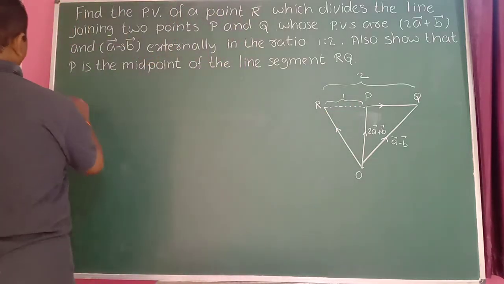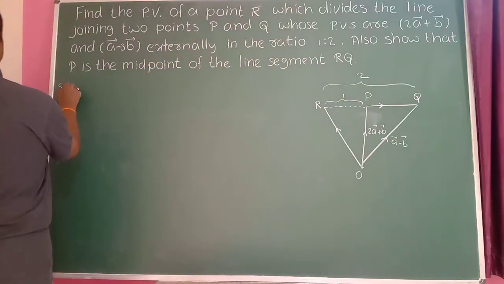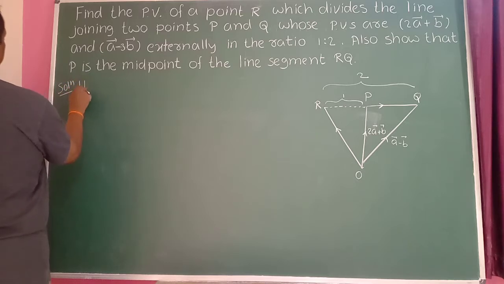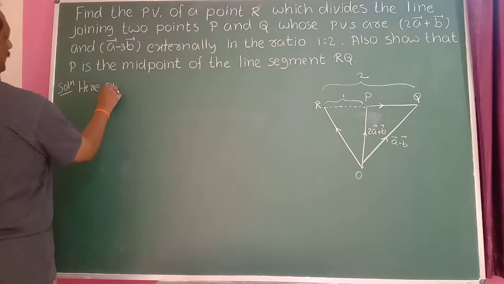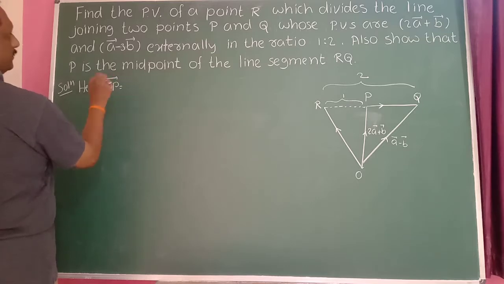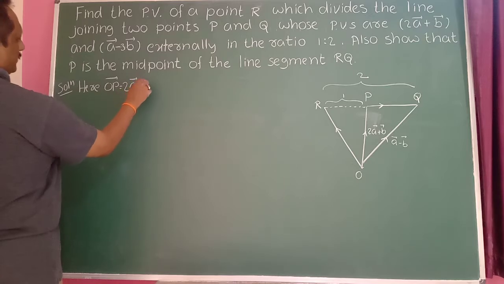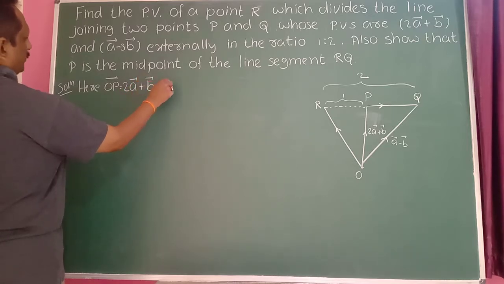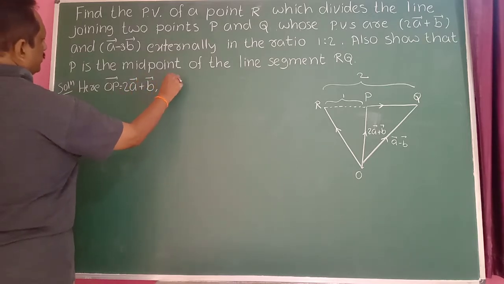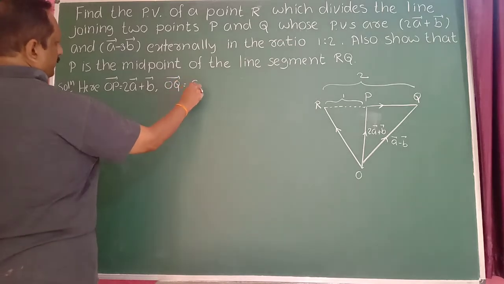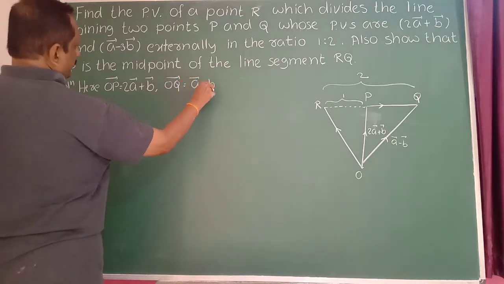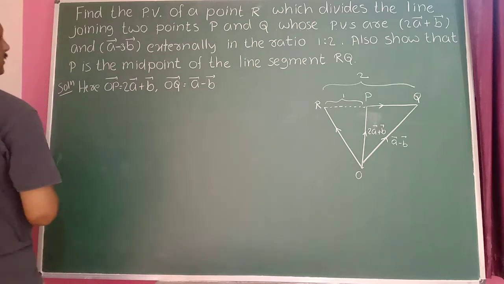Okay, therefore take your solution. Position vector of point P, OP̅, equals 2a̅ + b̅. Position vector of the point Q is a̅ − 3b̅.